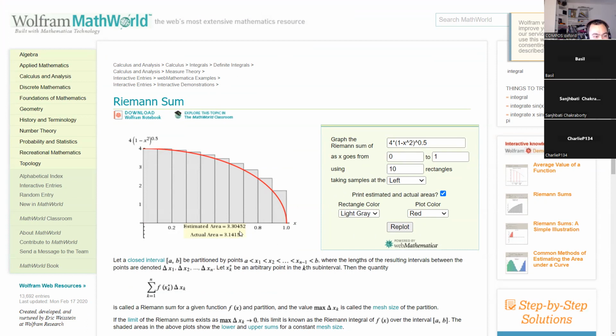The actual area is 3.14, pi, because it's pi r squared, pi times 1 squared. But the estimated area is 3.3. So you wouldn't get the exact result by adding.